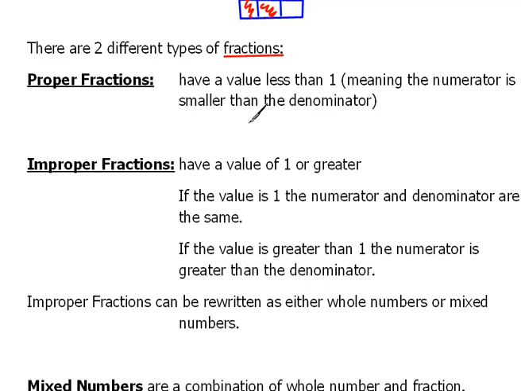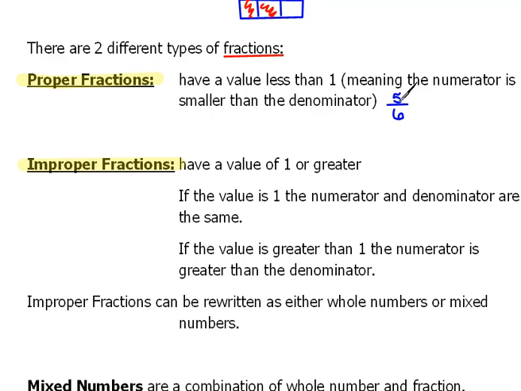Now the two different types are proper fractions and improper fractions. So we need to know what those words are and what they mean. A proper fraction has a value less than 1. That means that the numerator would be smaller than the denominator. So for instance, our example of 5/6 is a proper fraction.